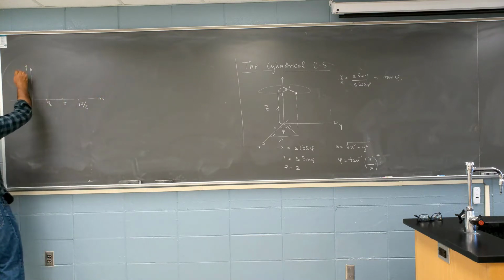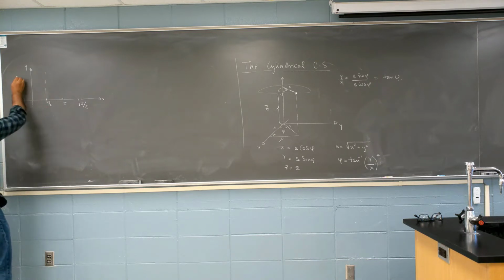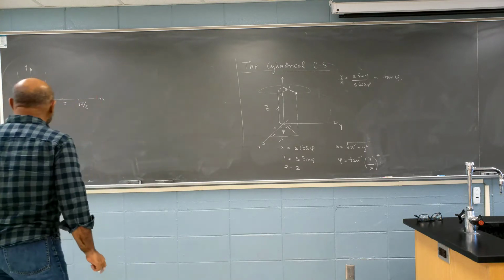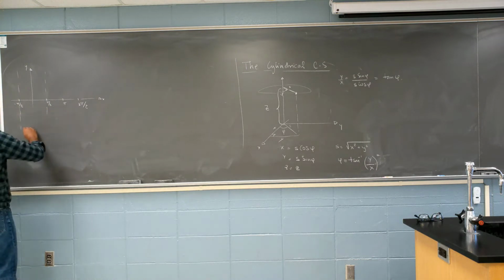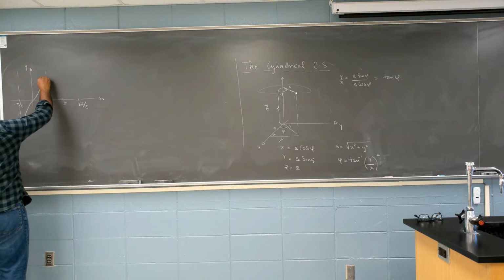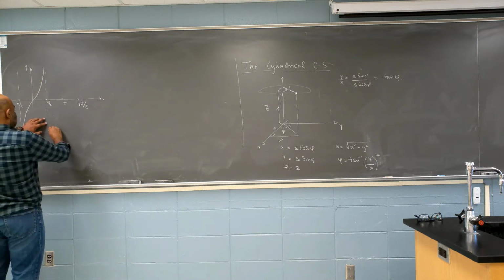And this is the y-axis. If you recall, pi over 2 are asymptotes for the tangent function. Tangent pi over 2 is not defined. So if I graph this, it'll look like this. Okay? Even worse, there's a discontinuity over here.